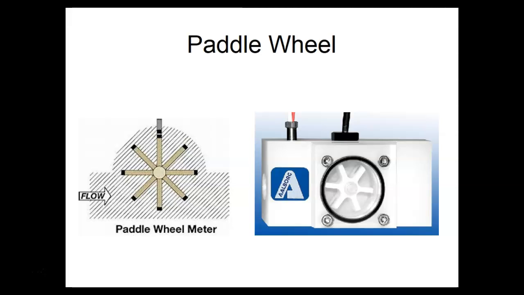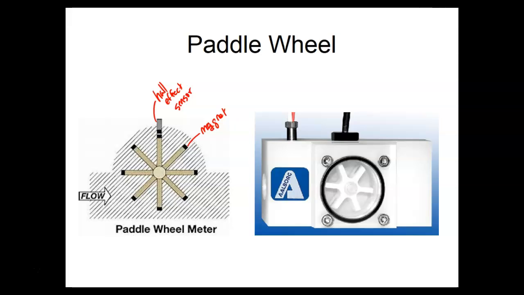We could have this turn a tach generator, or I think this one has little magnets out here, and this would probably be a Hall effect sensor. So the paddles come flying by, and every time a magnet passes the Hall effect sensor, it generates a pulse. We could count the pulses, and that would give us an indication of the flow rate.